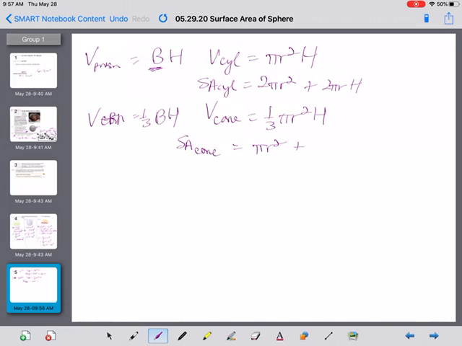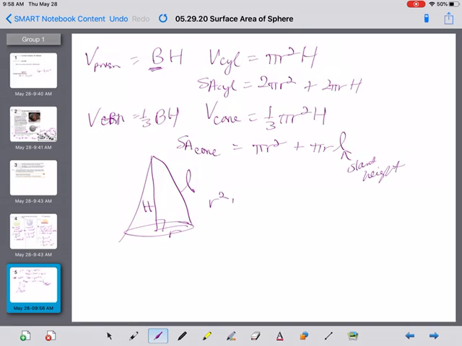And then when you unpeel the rest of the cone, we had derived that it's pi r L, where L is the slant height. Now, what's the relationship between H and L? H is the perpendicular, and L is the slant, but r squared plus H squared equals L squared. It's the Pythagorean theorem. So keep that in mind.